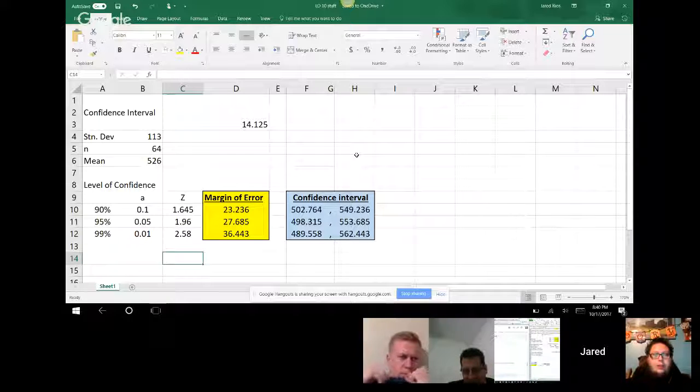Okay, so I think how it would increase is because you're switching to a 99% confidence interval, which would give you a higher Z score. So if you're multiplying by a bigger number, it's going to increase.